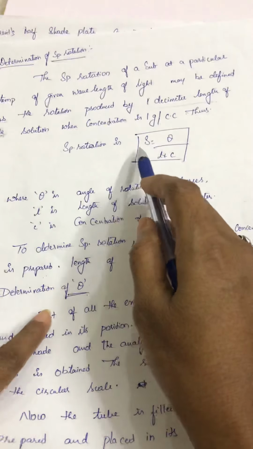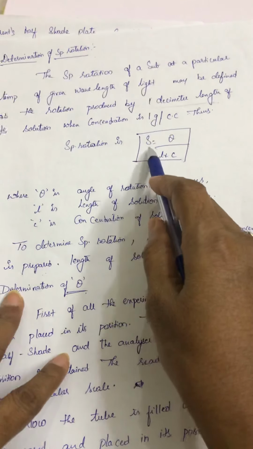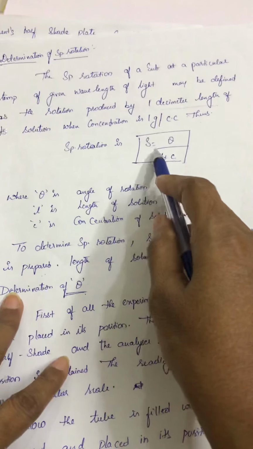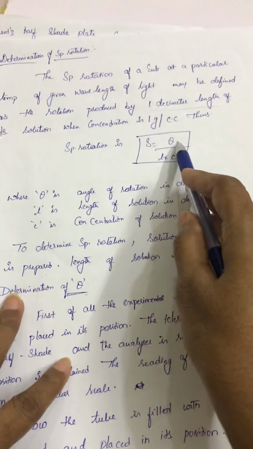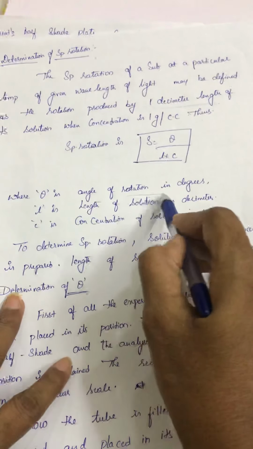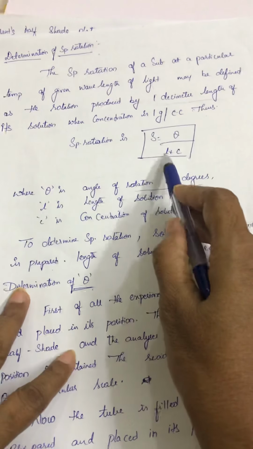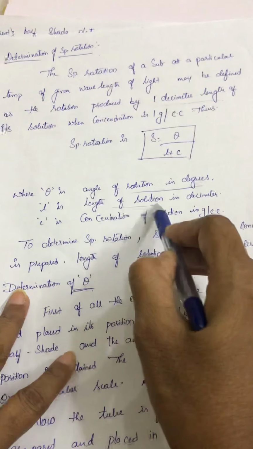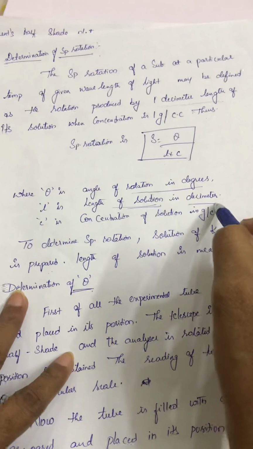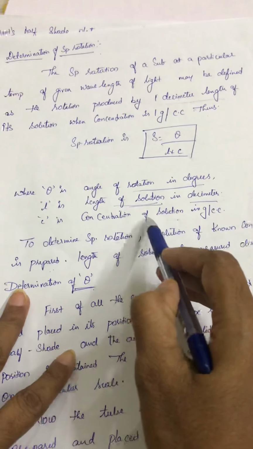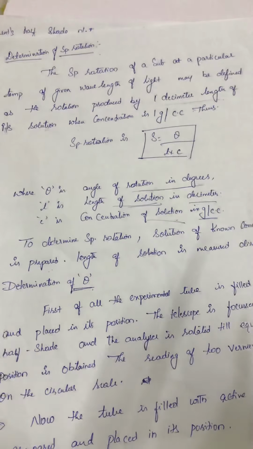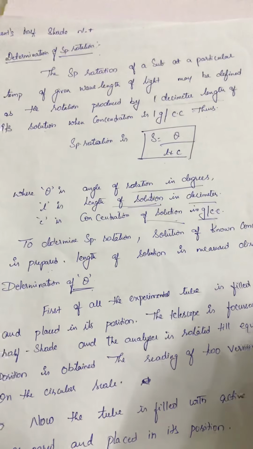It is given by the formula S equal to theta by L into C, where theta is the angle of rotation in degrees, L is the length of the solution in decimeters, and C is the concentration of the solution in grams per cc.